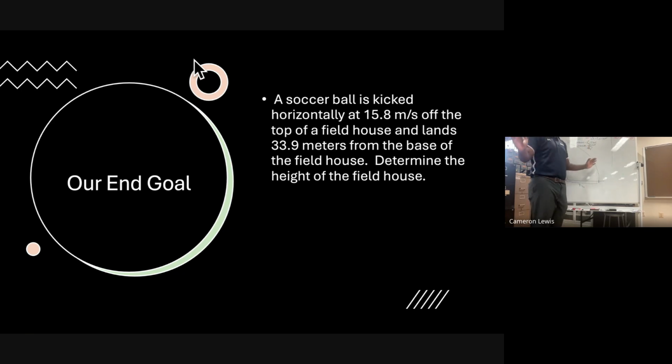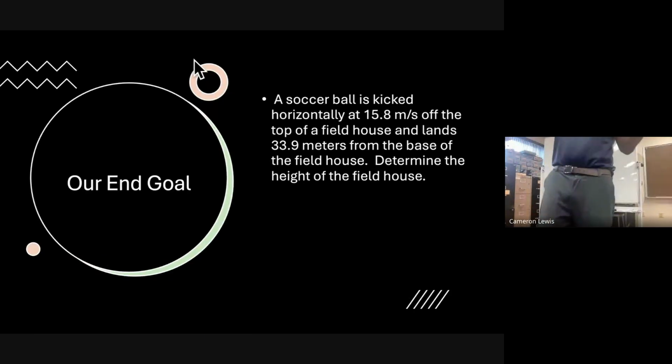Remember what I just said. Horizontal and vertical components are perpendicular, which means they're independent of each other. So one doesn't have an effect on the other. That means that even though my horizontal velocity is 15.8 meters per second, it has no effect on my vertical initial velocity. And what we just saw from the free fall motion, when we have something dropping out of the sky, its initial velocity is 0.